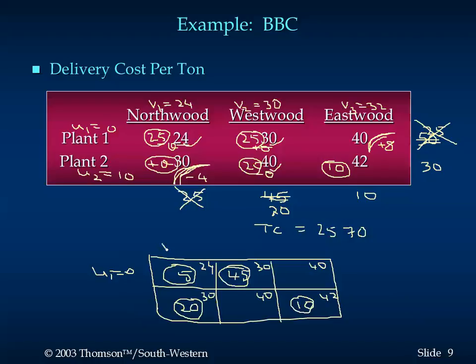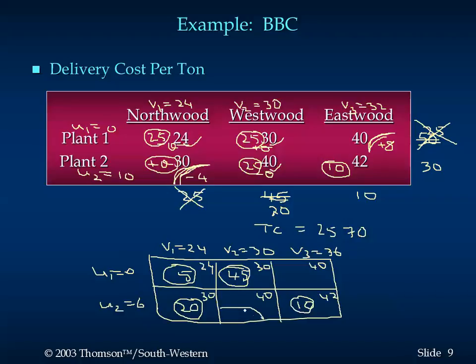For this cell, V1 equals 24, because U1 plus V1 equals 24. Here V2 equals 30. And if we come down, U2 has to be 30 minus 24, which is 6. And here V3 has to be 42 minus 6, which is 36.